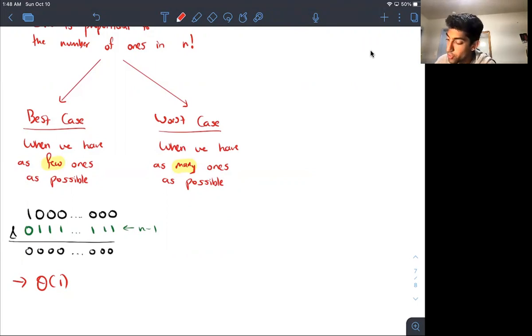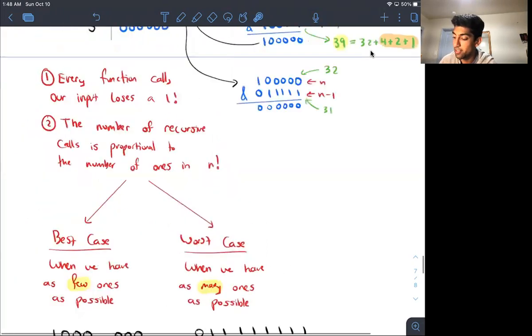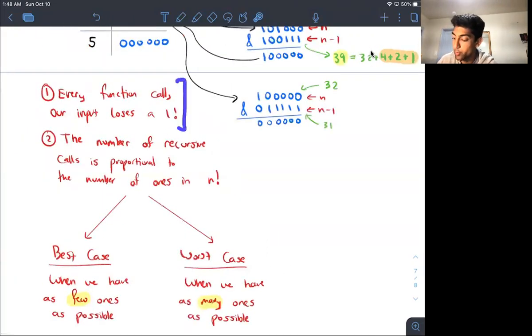Okay, so looking at the worst case runtime here, it's the situation when we have as many ones as possible. So let's say we have a ton of ones. We'll still have to have a leading zero, so it's positive, but we're not going to delve too much into that for now. So we have a ton of ones here, right? And notice that every time I call my function, we lose a one.